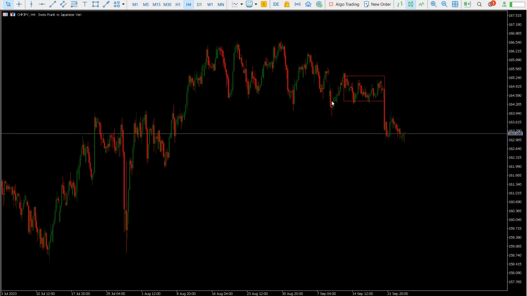So I guess, you know, in the next couple of months, I would say we may see CHF lower, not because the Japanese yen is strengthening, but because the CHF is losing its strength. That doesn't mean that the Japanese yen is like, oh my God, is it strengthening? Let's sell USDJPY.